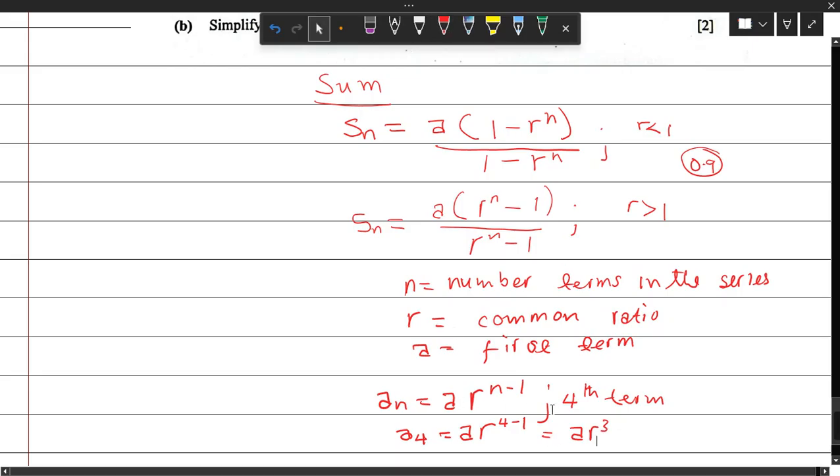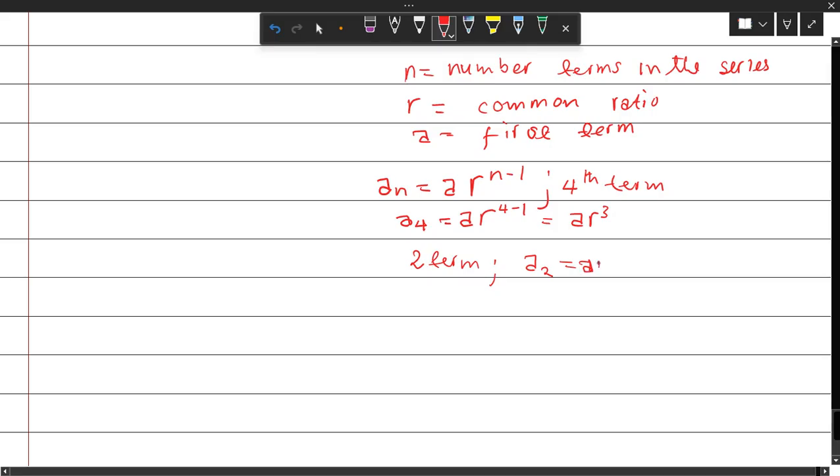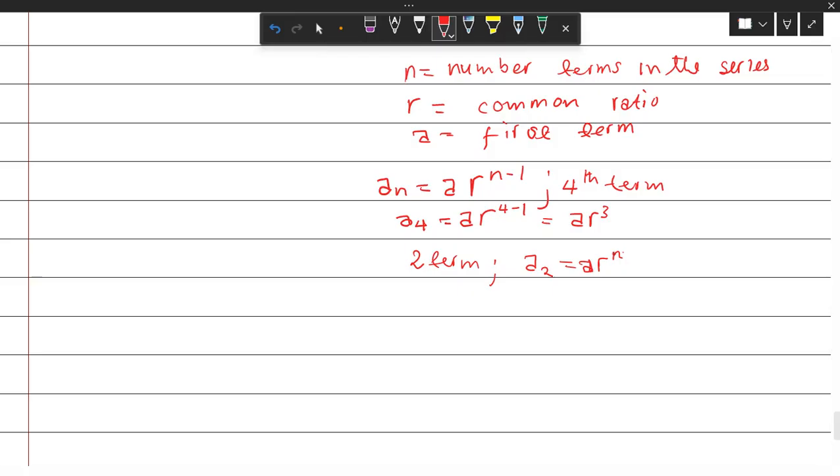If I ask you to calculate the second term, you apply the same formula: A subscript 2, the first term, r to the power n minus 1, where n is 2, so 2 minus 1, which gives the first term times r.